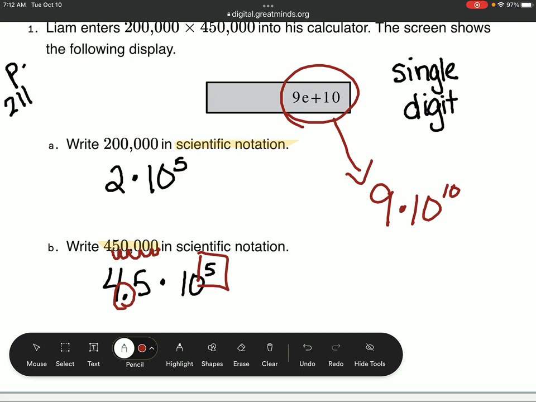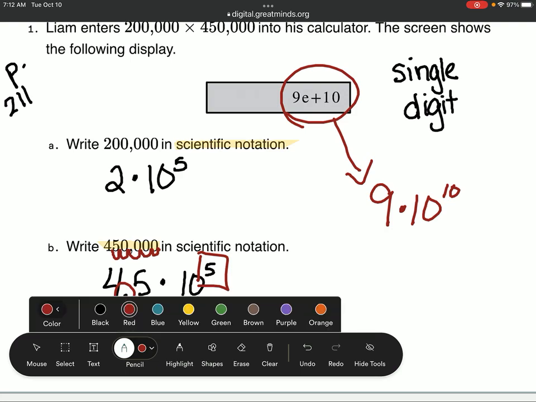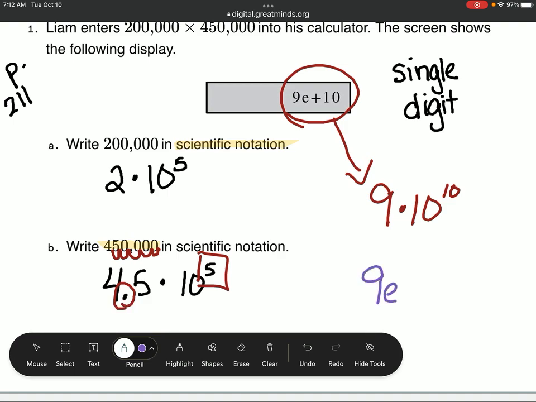And if you saw a different number in the calculator, maybe you saw 9e plus 17, that would mean 9 times 10 to the 17th power. Okay, so that's really just what that means. Being familiar with what that means on the calculator is important for this next quiz.